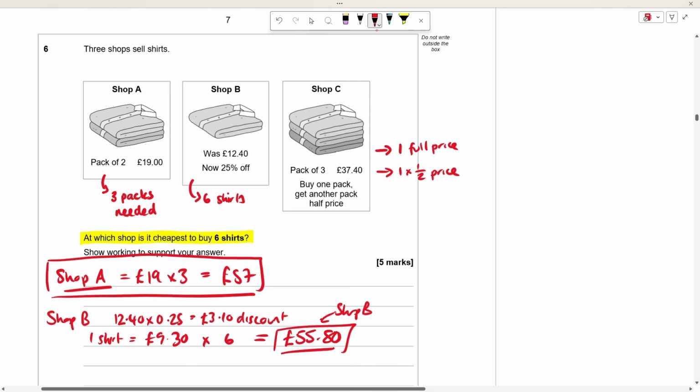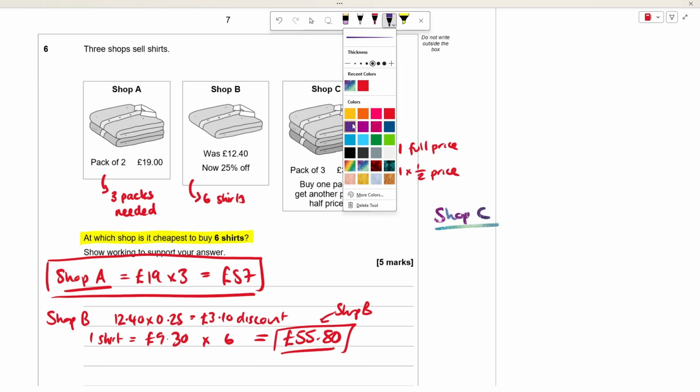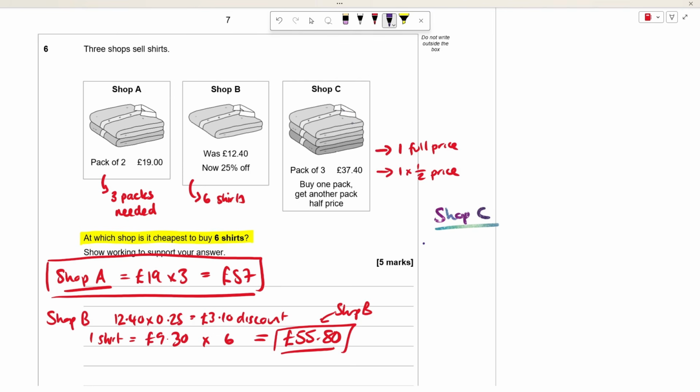And then moving on to shop C, we'll do it in a different colour. So shop C. Full price is £37.40. Then the offer, half price, is half of £37.40, which gives me an answer of £18.70.